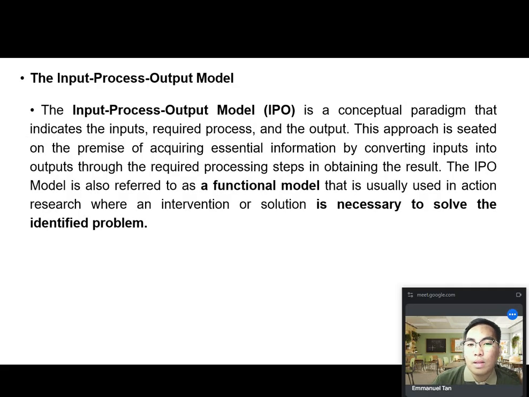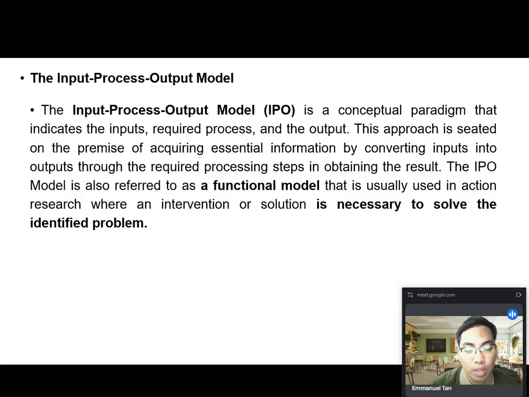Okay? Now, commonly, kapag nagsisimula pa lang kayo sa research ninyo, you can apply the IPO. But, well, for me, no, especially sa college, hindi ko na pinapa-apply itong process na to. I want the students to craft their own conceptual framework.